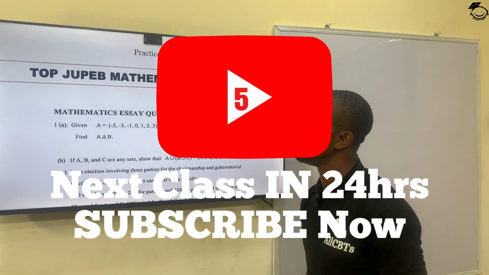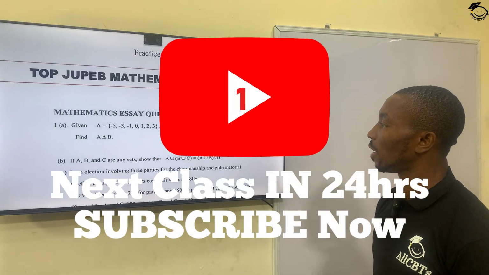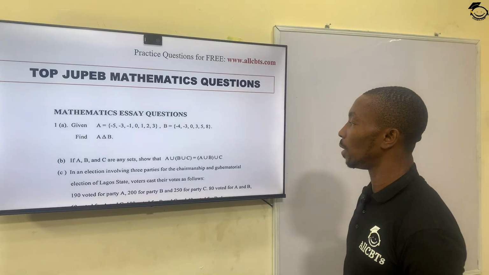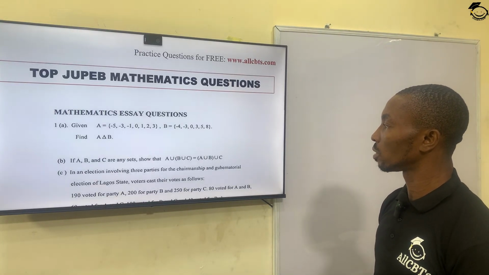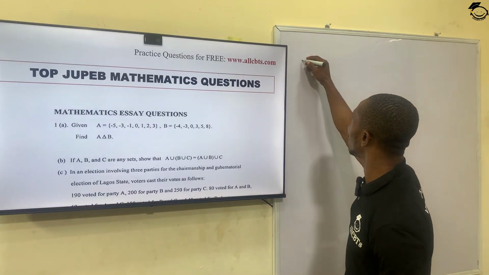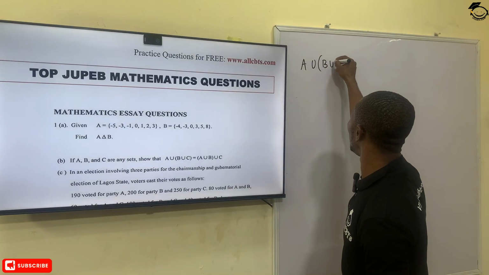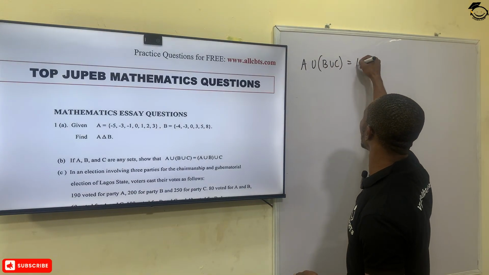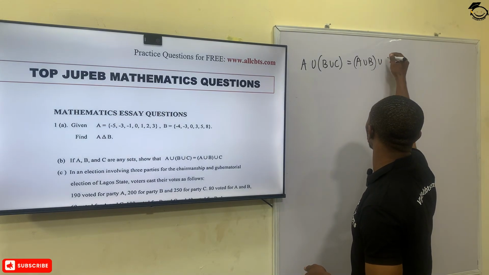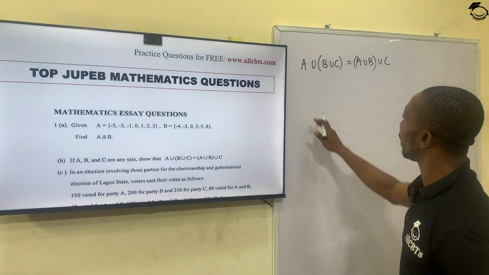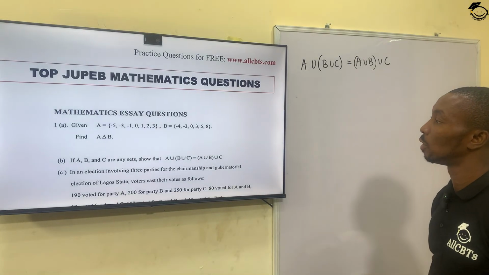If A, B, and C are any sets, show that A union (B union C) equals (A union B) union C. What this simply means is we should prove that A union (B union C) equals (A union B) union C. This is what we look at as our associative law.